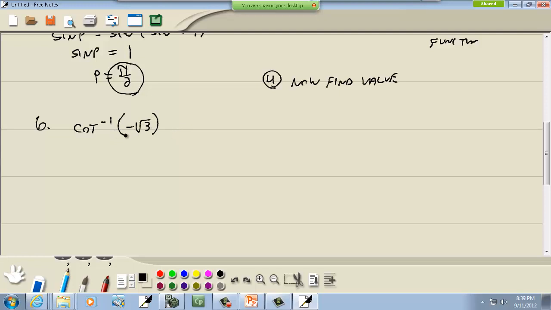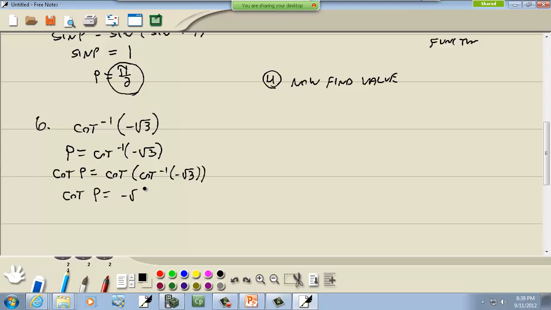We're trying to find, and we saw these in the last section. So we set it equal to a variable, set equal to p. Now we're going to take cotangent of both sides to get rid of that inverse trig function. And we get cotangent p is equal to negative square root of 3.